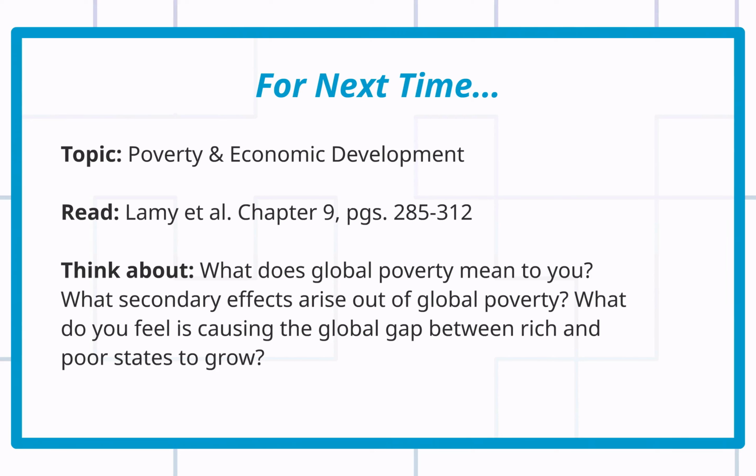We're not seeing convergence between the rich and the poor. We're seeing a larger gap. So I want you to think about, what is causing that? What is causing this global gap between the rich and poor states, and why is it growing even as the global economy as a whole, by and large, has done pretty remarkably over the last 40 or 50 years? So we'll wrap up there and talk about those issues next time.